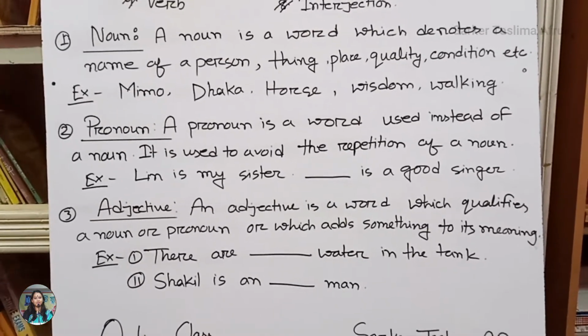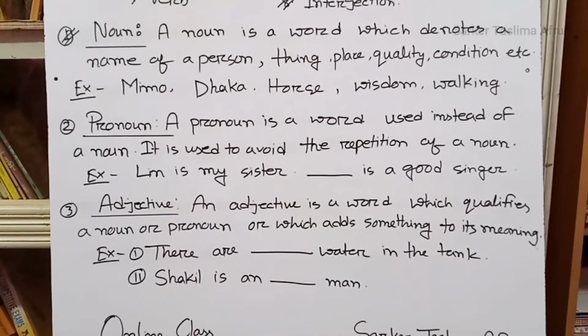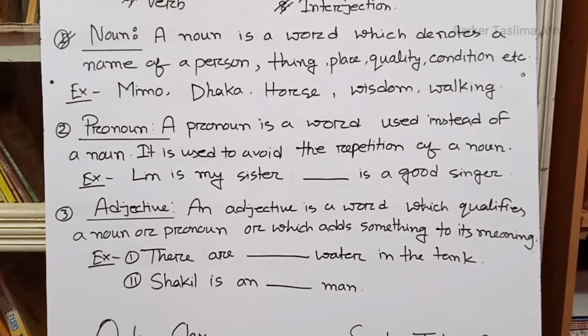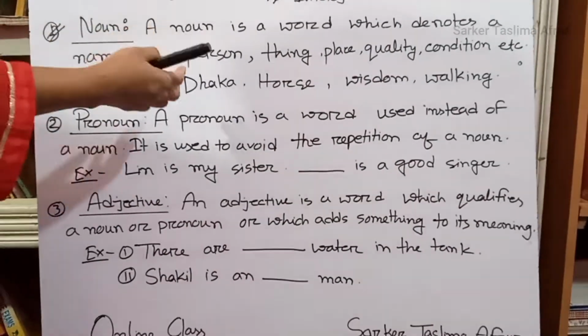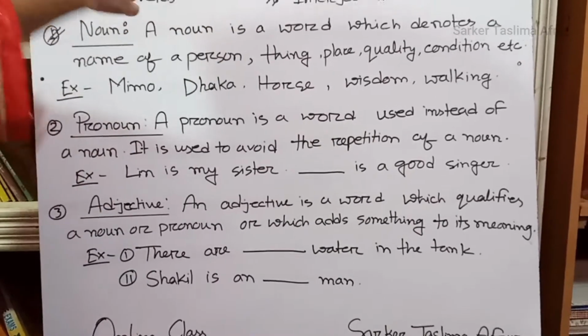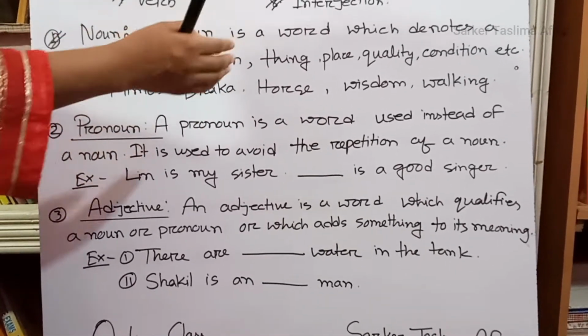In a sentence, a noun basically works as a subject. So it's very important to know about nouns, because they will help you to write a sentence. Without subjects, it's not possible to write a sentence.